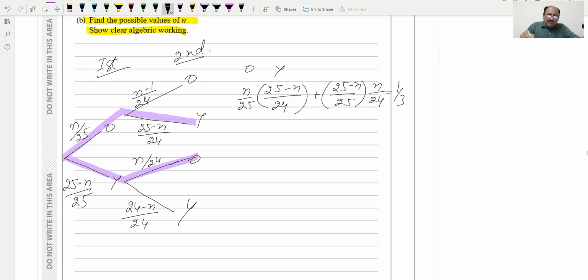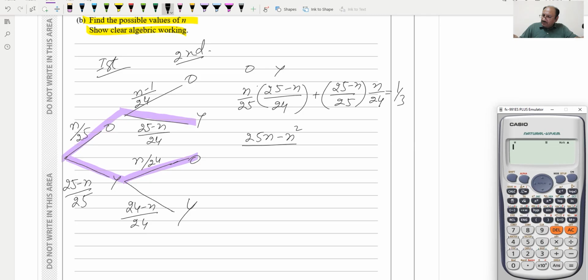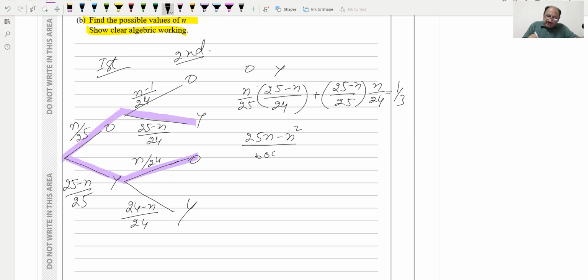So we will simplify this equation. Multiplying the numerators, we get 25n minus n square divided by 25 into 24, which is 600. Plus again 25 multiplied by n is 25n minus n square, divided by 600, is equal to 1 by 3.